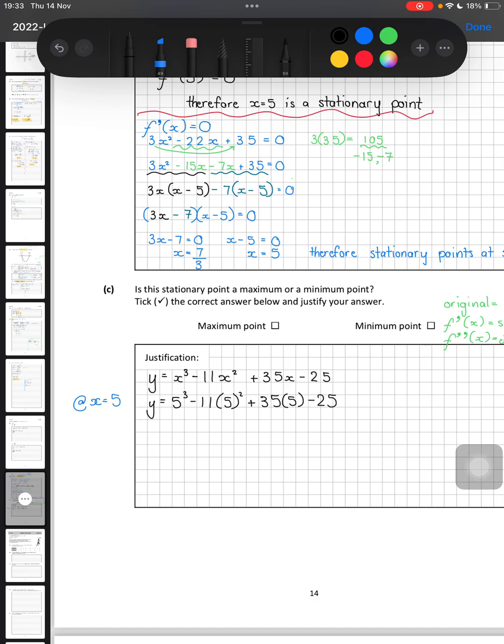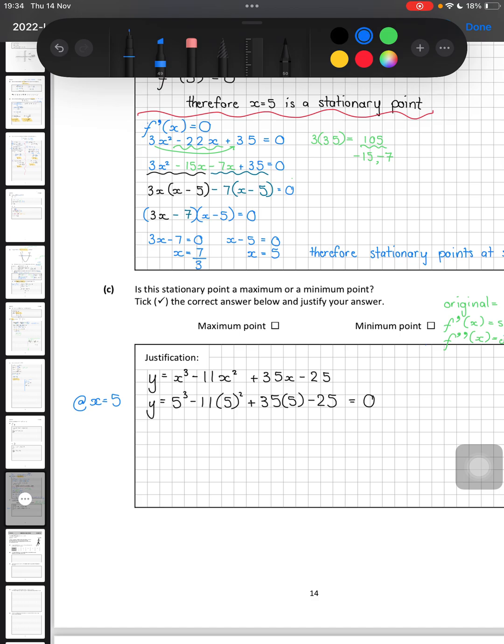Oops, I'm putting all that into my power because I never went back out of my power. So 5 cubed minus 11 times 5 squared plus 35 times 5 minus 25. And we're getting 0. So that is equal to 0.